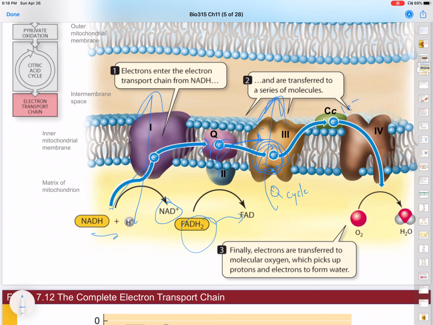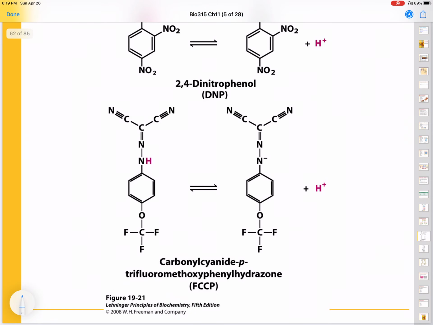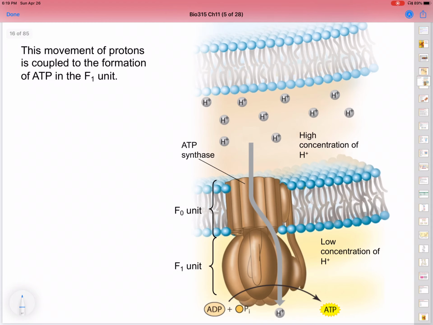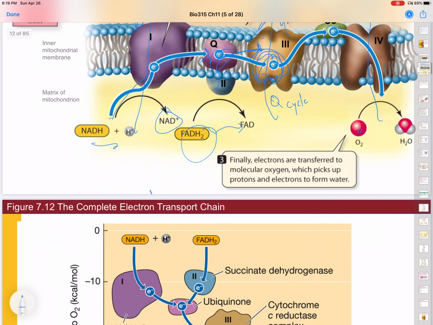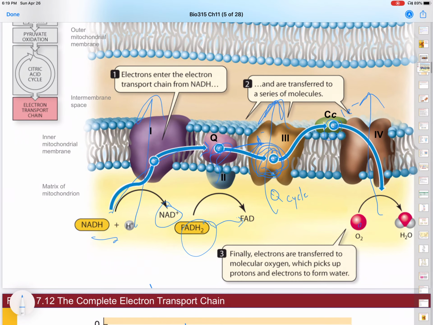So cytochrome C takes those electrons one at a time, and by this time the electron is at a fairly low energy. It links up with oxygen to form water at the end of the electron transport chain.